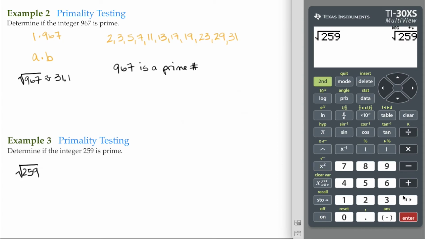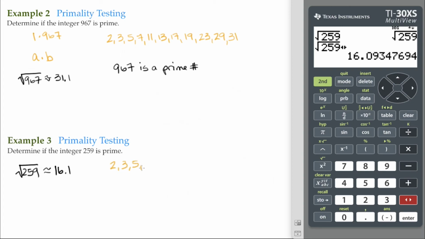Hit enter, and then I'm going to hit my double arrow keys here. So the square root of 259 is approximately 16.1. So all I have to do is check the primes between 2 and 16. That's 2, 3, 5, 7, 11, and 13.